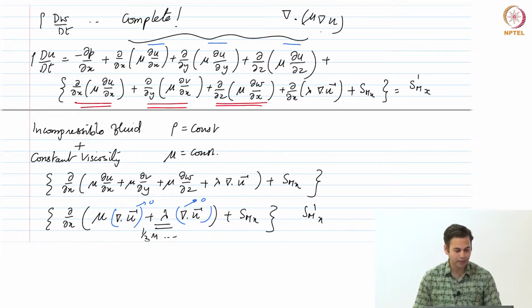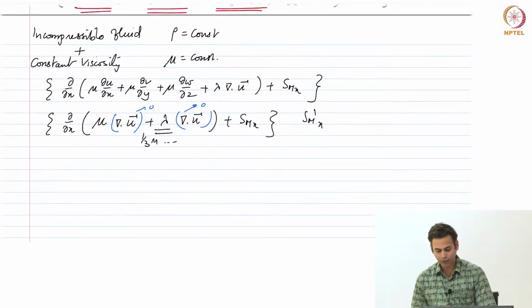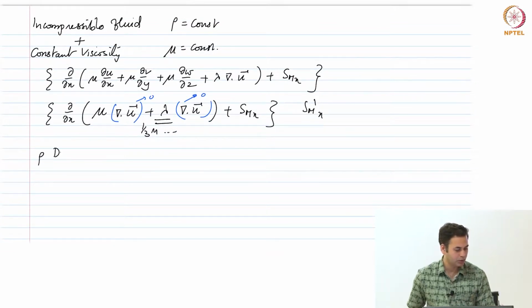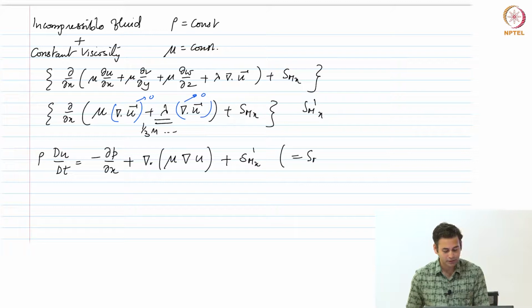Now, we have made tremendous simplifications. So we are going to come down and write this in a nice way: rho du dt equals minus partial p partial x plus del dot mu grad u, plus I am writing the source term, which is Smx prime, but we know that this is the same as Smx because we have incompressible flow with constant viscosity.